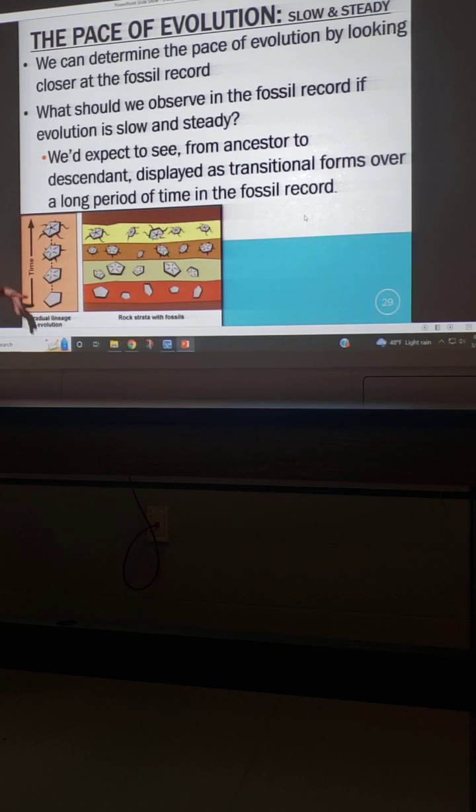So if this is where we start, you see that time, and we'll talk, the oldest layer is always on the bottom, and the youngest layer of rock is going to be on the top, and we'll talk more about that shortly. So if these are the oldest, they don't just go straight from this to this.